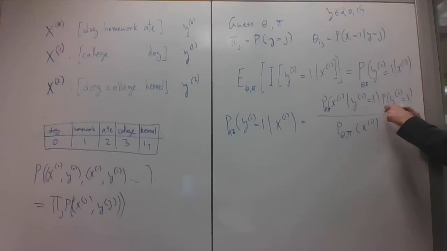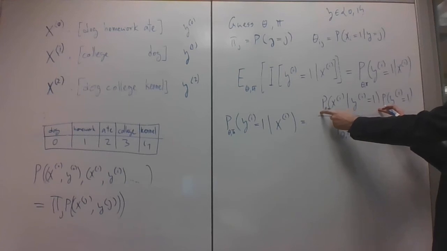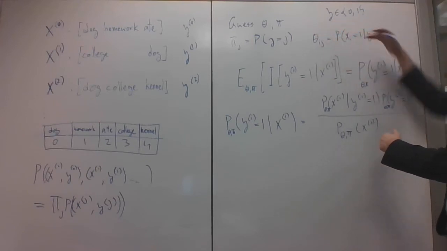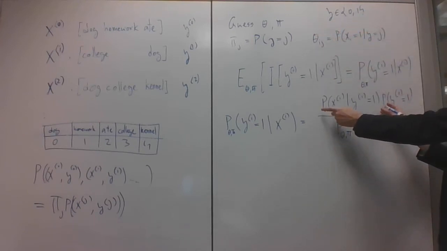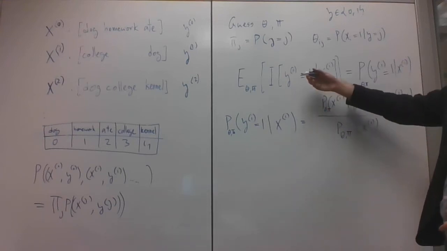Now, if you know theta and pi, you know this. This is just pi 1. If you know theta and pi, you can compute this by factorizing this expression and using the various theta ij's and 1 minus theta ij's. If you know this, then you know this.